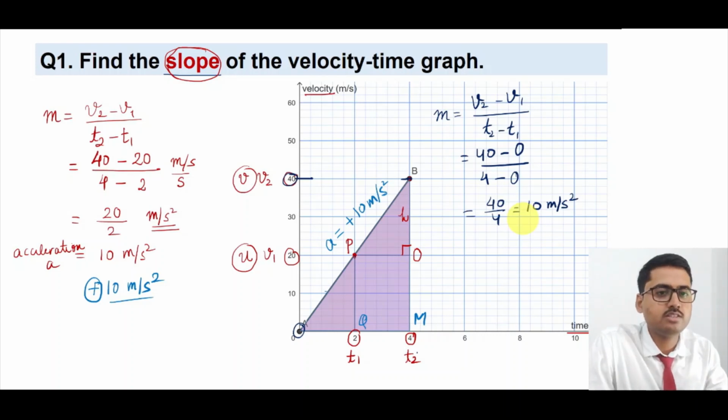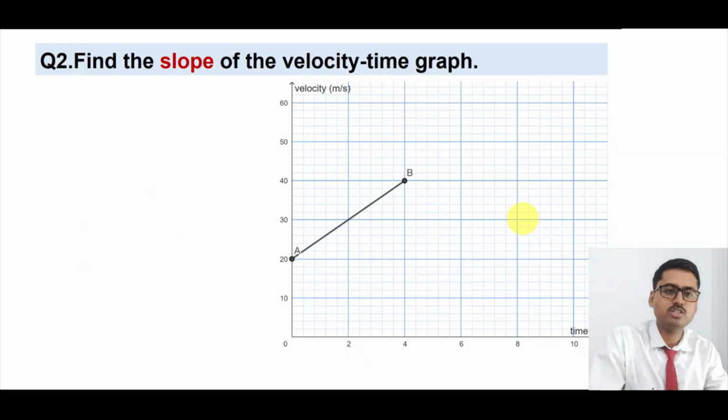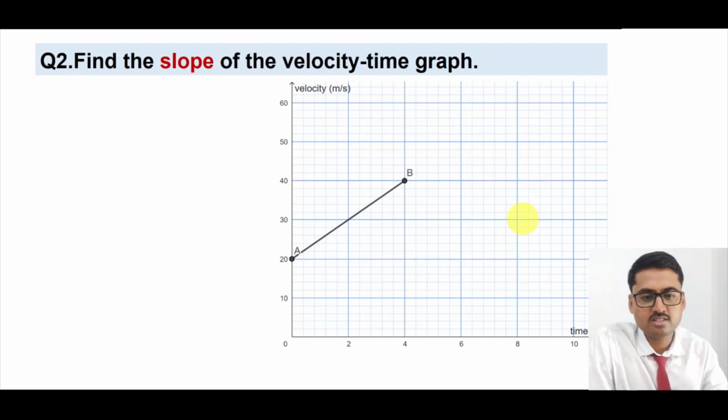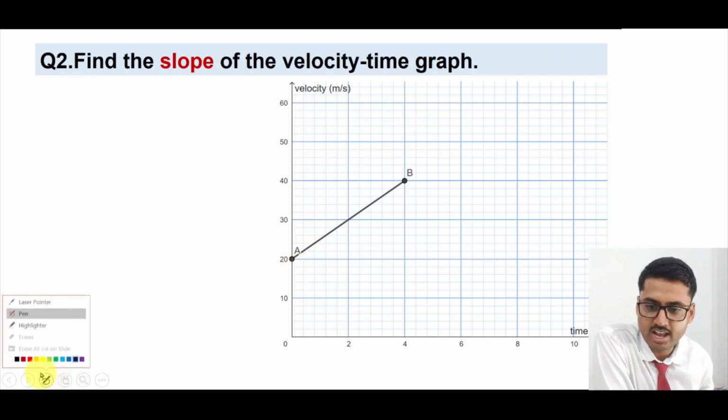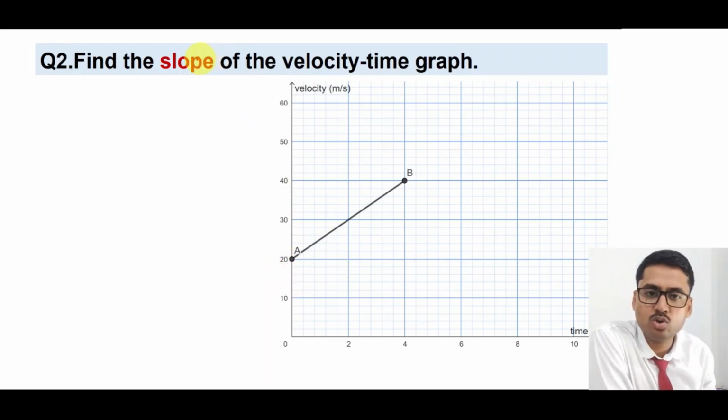Now let's get to the second part of the question. Question number 2 is find the slope of a velocity time graph, and this is where you can see the graph is not starting from origin. It starts from 20, which means that the object has an initial velocity of 20. So we need to find the slope, or hence the acceleration, of the velocity time graph.